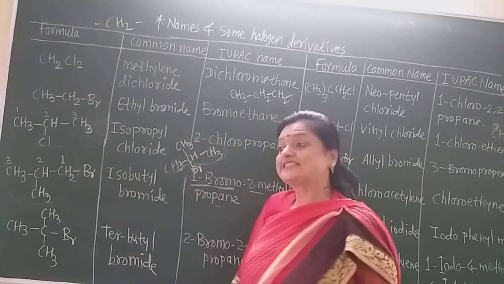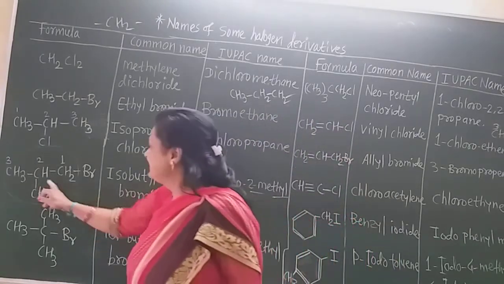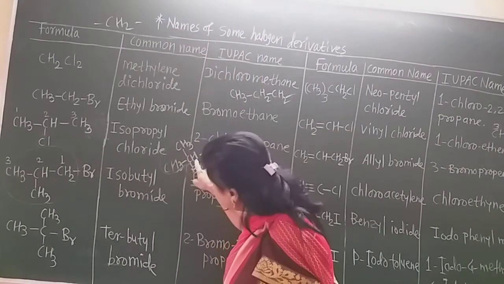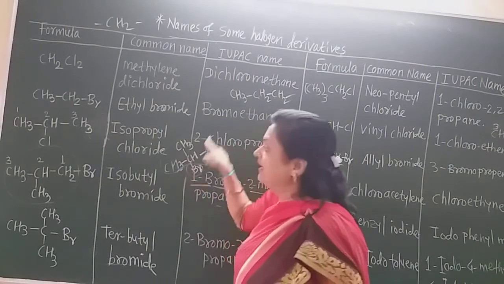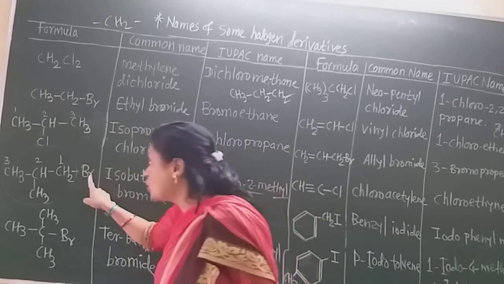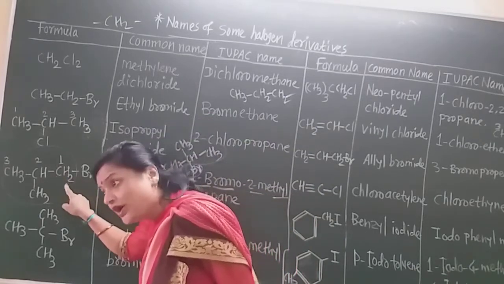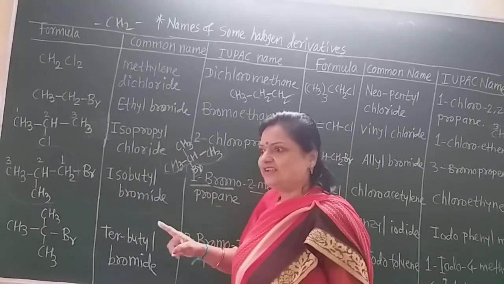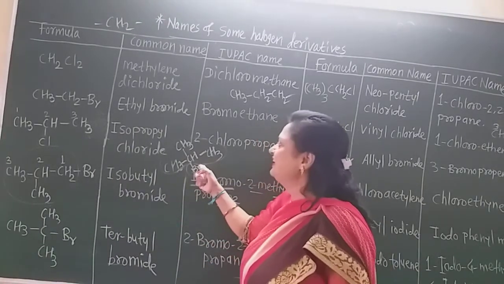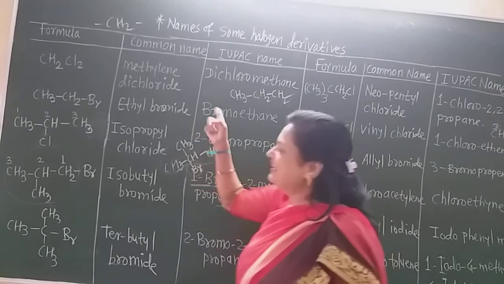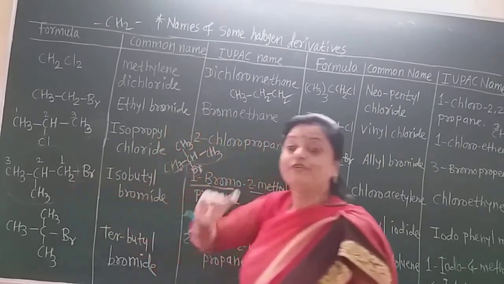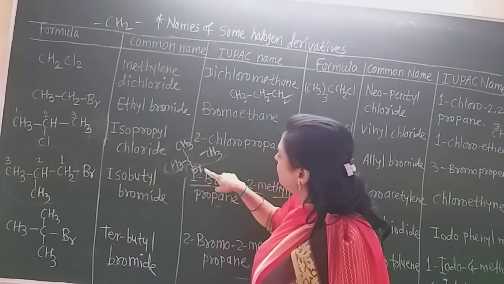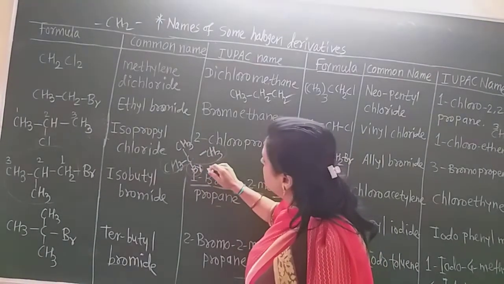Such type of grouping is secondary grouping. That means this bromine is attached to the secondary carbon containing only 1 hydrogen. And in iso, bromine is attached to the carbon containing 2 hydrogens. Remember the difference, that is very important. This is the secondary butyl bromide and this is the isobutyl bromide. The difference is there.